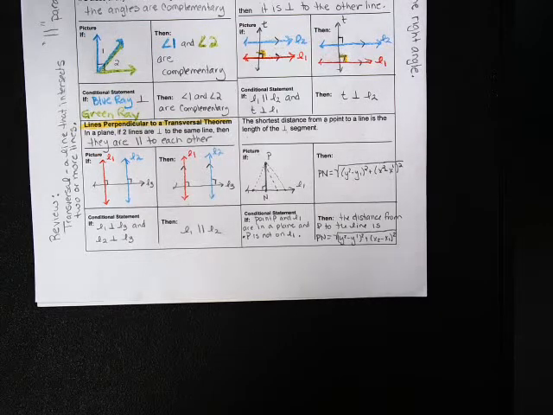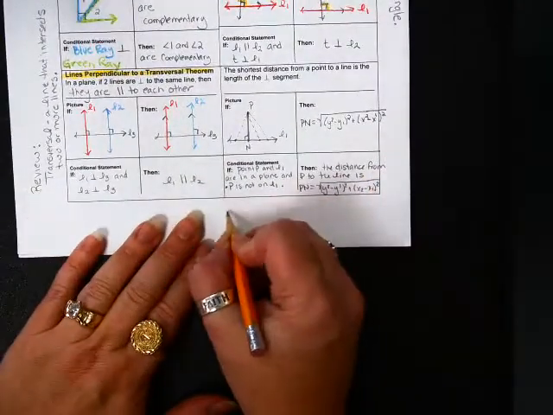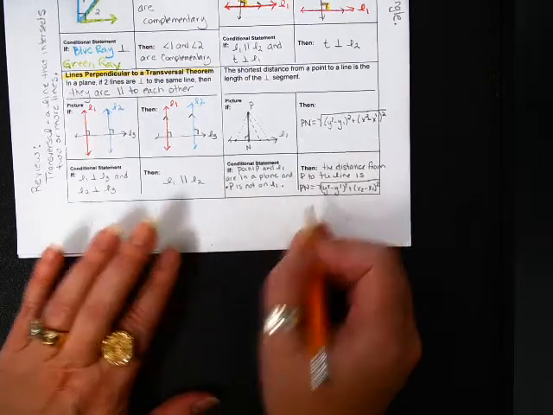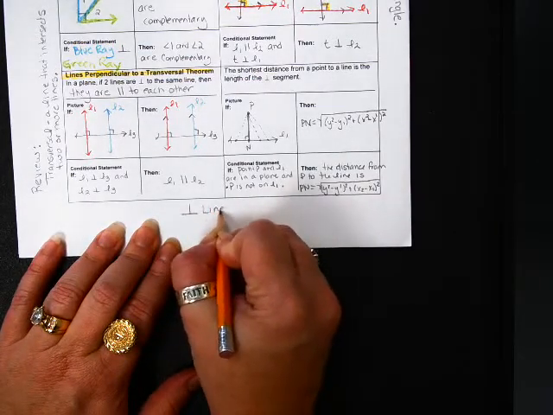Do you remember how you test to see if two lines are perpendicular? Good. It's the perpendicular line test, and you have to find their slopes. Let's write that down here so you don't have to go back to your previous notes. So remember, perpendicular line test.